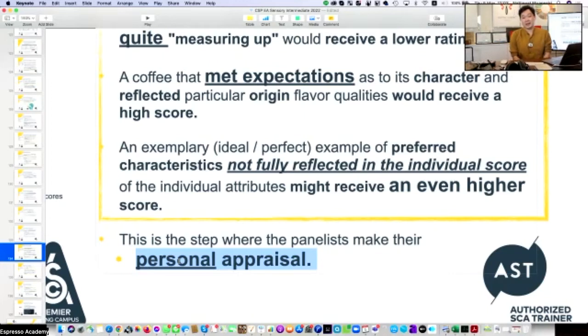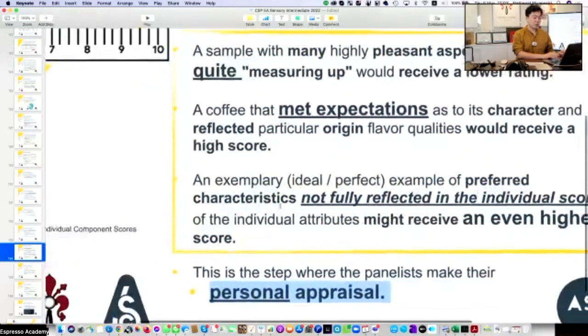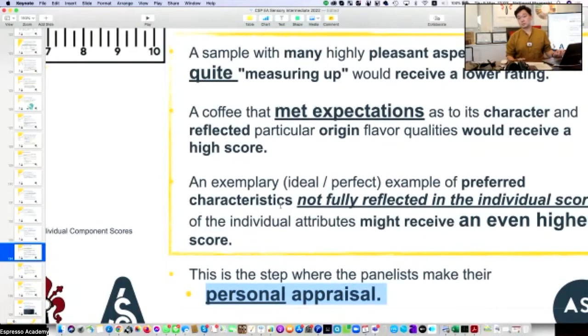You could give them an 8.25, 8.5, 8.75, and by the time you get to overall, you might give them a 7. Because the aroma is good, I give them an 8.5. The acidity is amazing. The aftertaste is a little bit short, but I find the body a little bit too low, and the inconsistency between the cups.